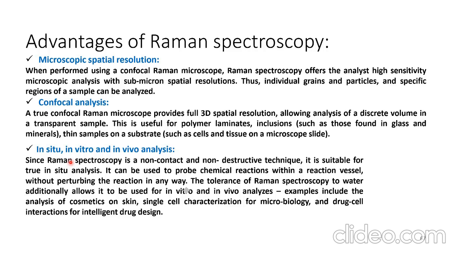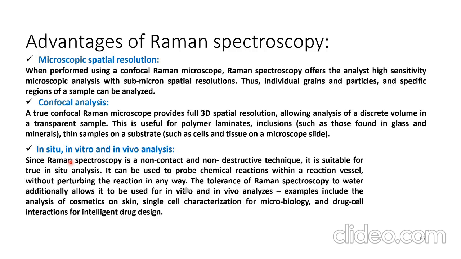It can be used for transparent samples as well. It is useful for polycontaminates, inclusions, and those found in glass and minerals. Thin samples can also be analyzed. Thin samples like cells and tissues can be characterized. And in situ, in vitro, and in vivo also.